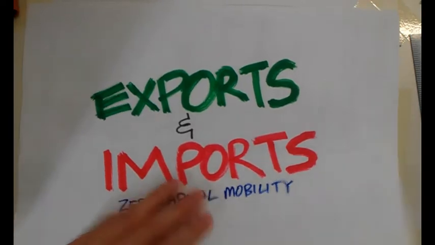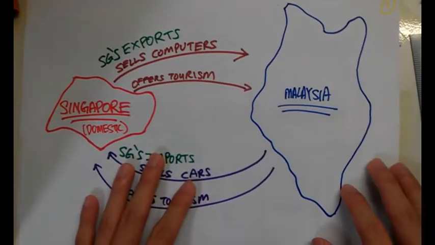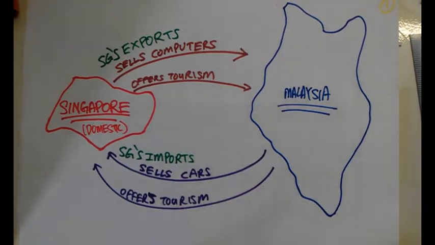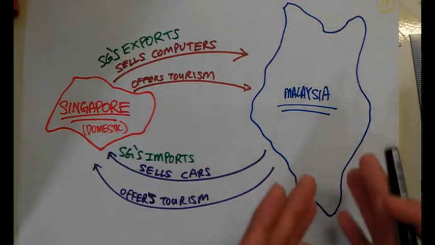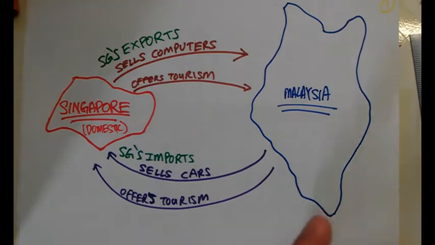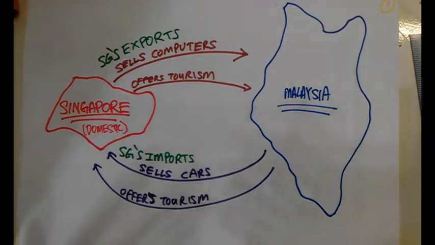Okay, so now that's exports and imports, and we're going to start by using a little example so that we can illustrate better what exports and imports are. Alright, so I'm going to refer to Singapore as the domestic economy and Malaysia as the foreign economy. Domestically, Singapore exports when we sell goods and services over to Malaysia.